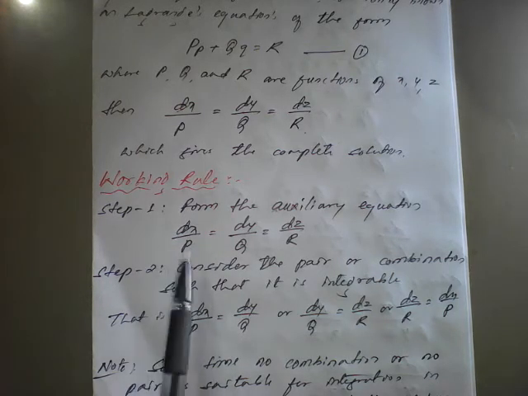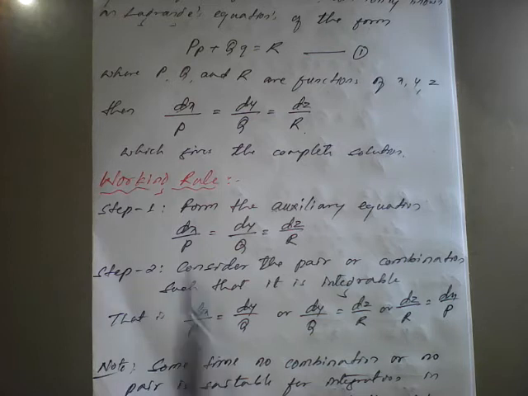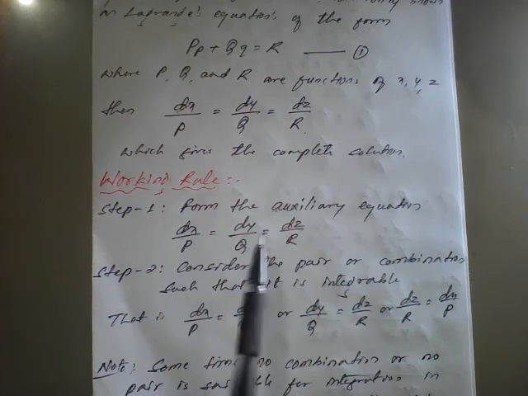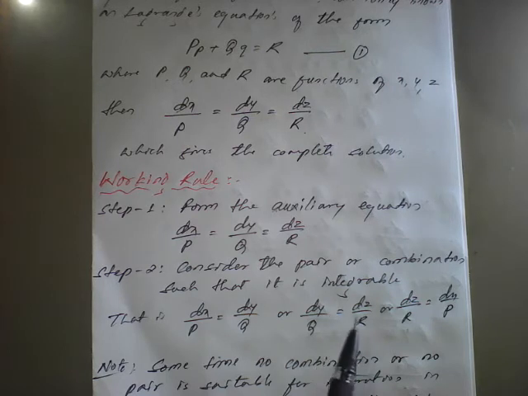For example, we can choose dx upon P is equal to dy upon Q as one pair and integrate, or choose the second and third, or the first and third, and from that we can get a solution.